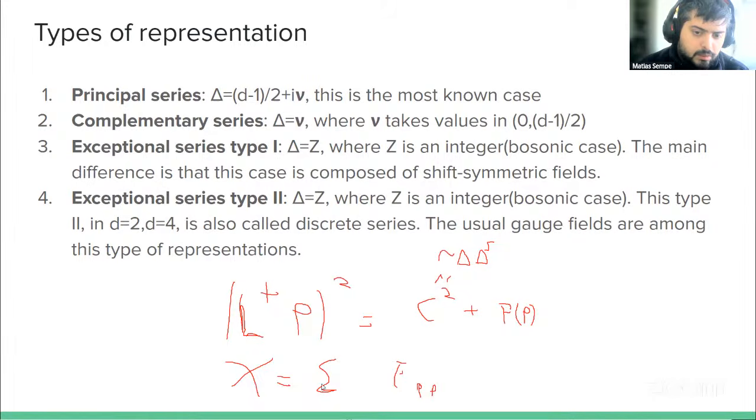But here, p is not whatever. P goes, from the top of my head, from something like this. So we put a limitation of p with delta. What else?